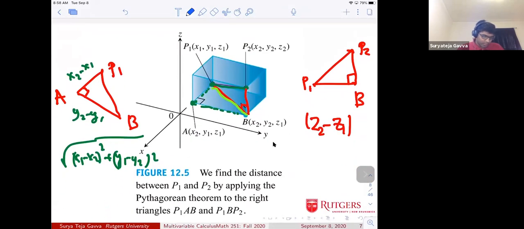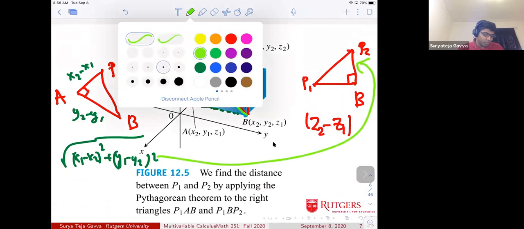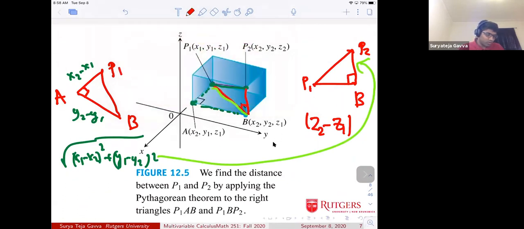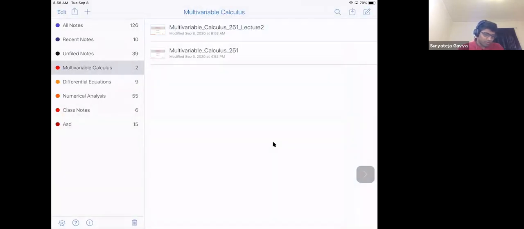Okay, so let's see. P2B is this length here. In this triangle, one of the lengths is the square root of x1 minus x2 squared plus y2 minus y1 squared, and the other length is z2 minus z1. Now if you apply the Pythagorean theorem, you'll see the distance between P1 and P2.